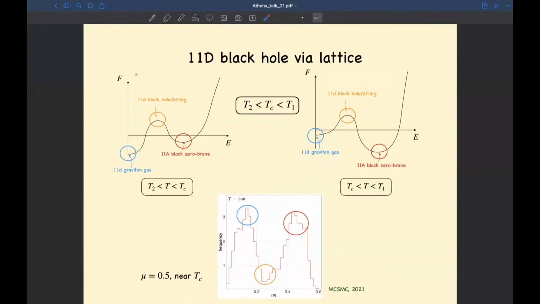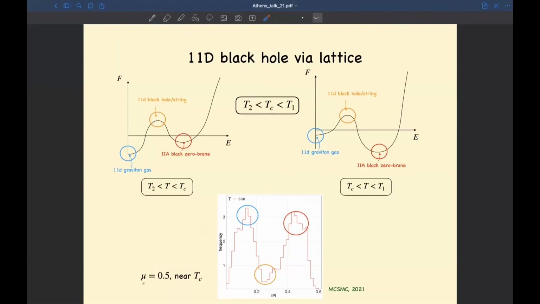In this slide, I'm showing the free energy with respect to the energy, and depending on when we are between the T2 and T1, the deconfined phase can be the global minimum, or the confined phase can be the global minimum. One way to understand this is by this Polyakov loop here.